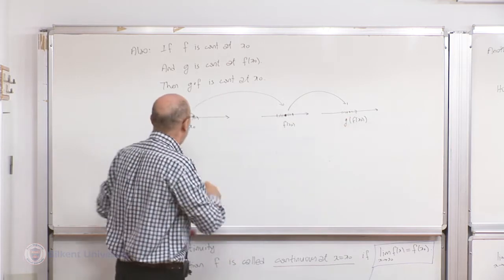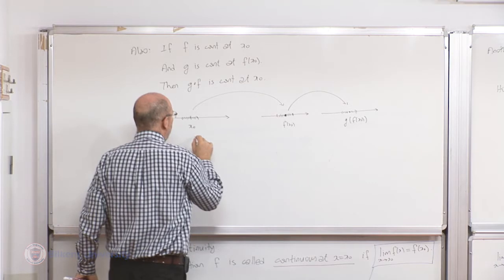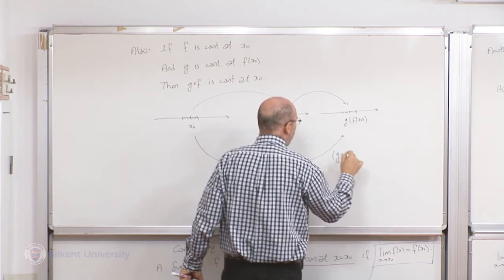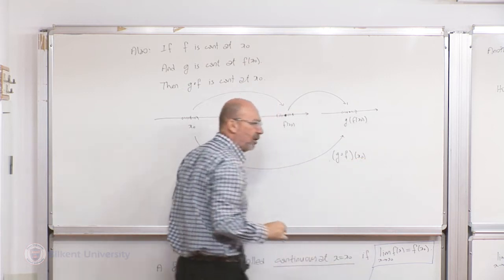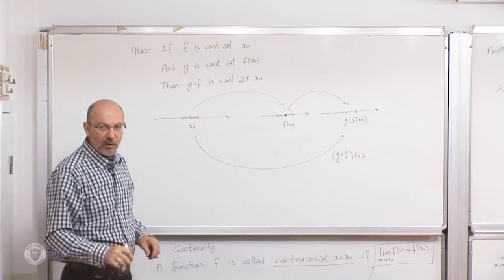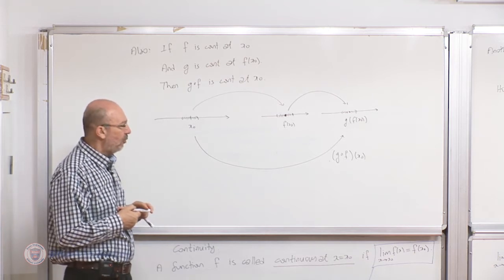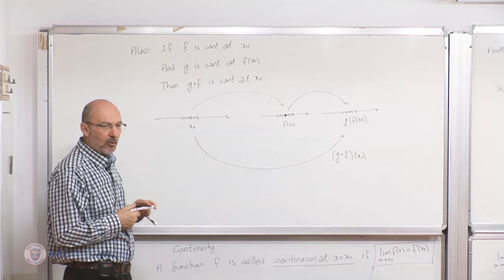Okay, so that means that if I forget this intermediate step, if I first write g composite f as a function, and I look at what it is doing at x sub 0, it will be behaving nicely, from the figure. Okay, so g composite f will also be continuous.